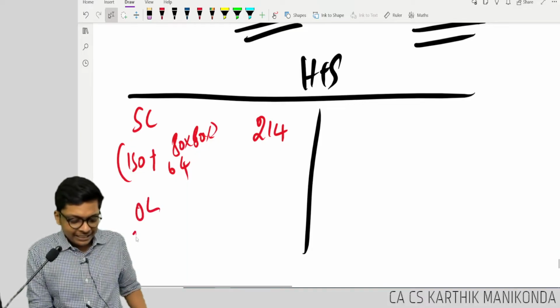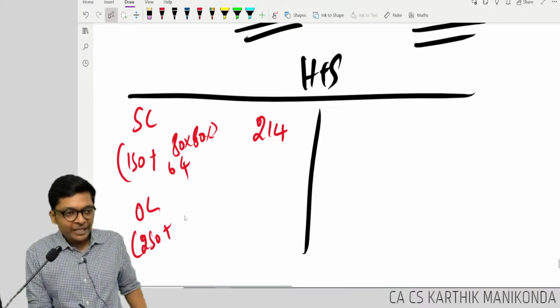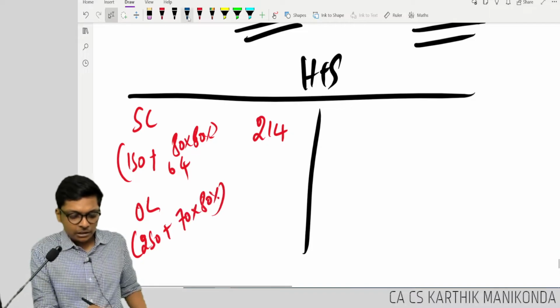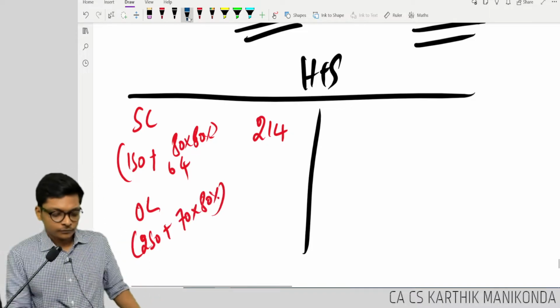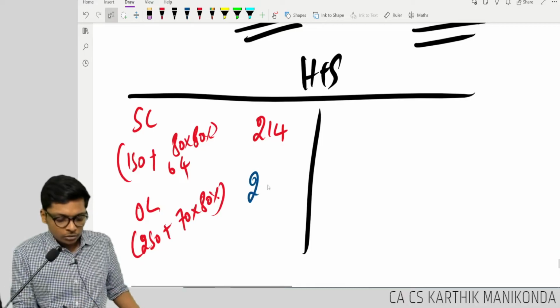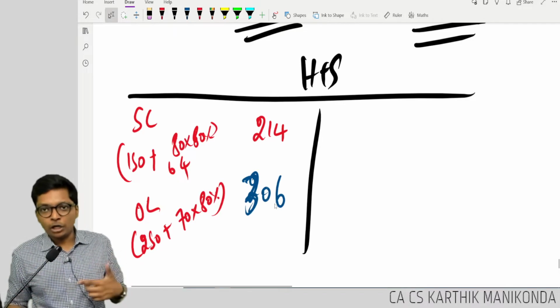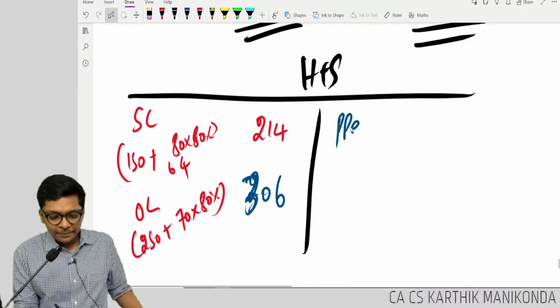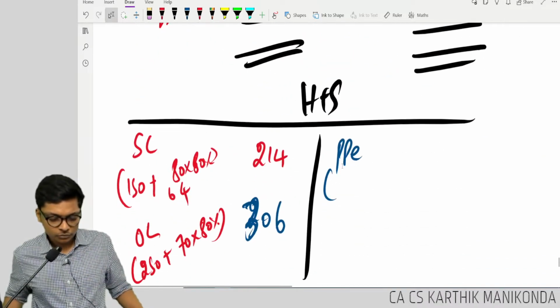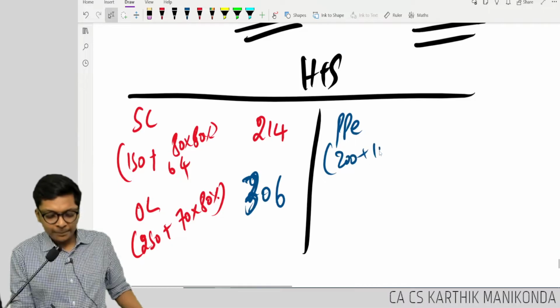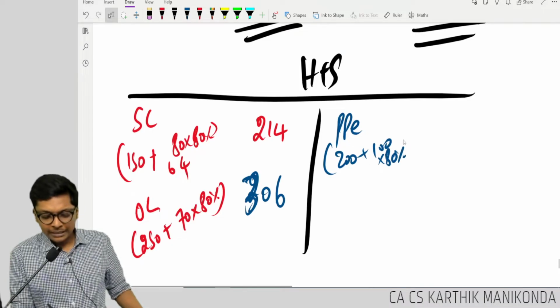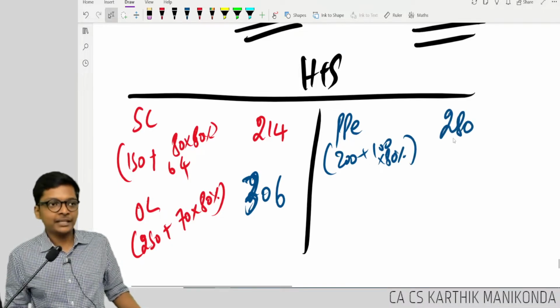Next, other liabilities 250 plus 70 into 80%. How much? Total 306. Are you understanding the logic, guys? Asset PPE, 200 plus 100 into 80%, 280.